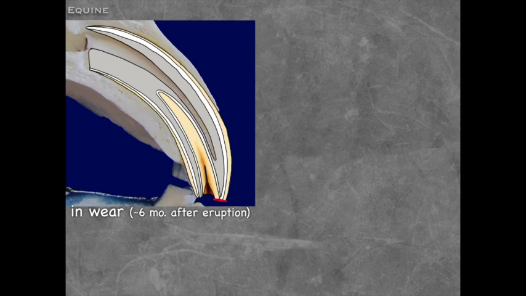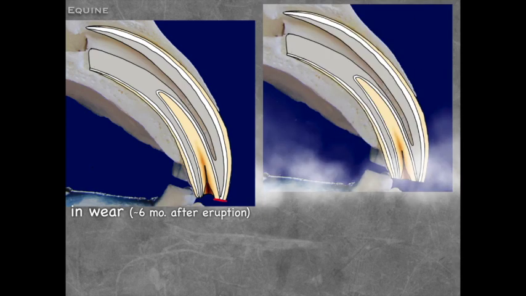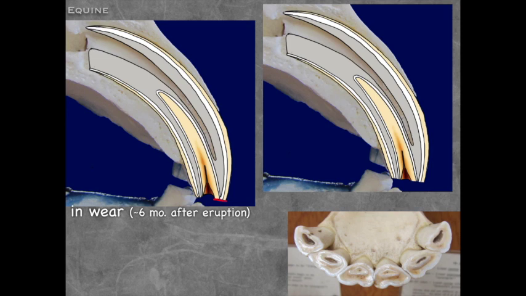Okay, as that continues to wear down and grow out, we're going to see that now we've got that whole surface here that is in wear, and so this is known as level. Notice we can still see the infundibulum here.